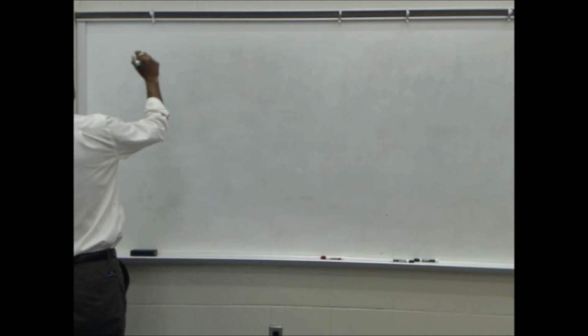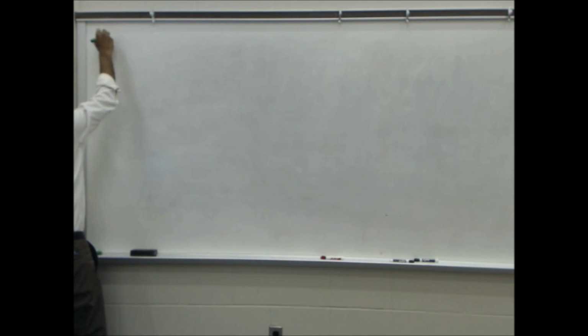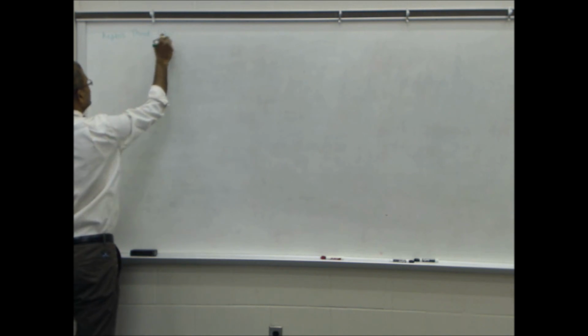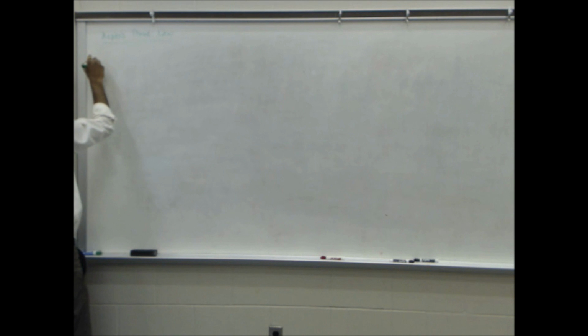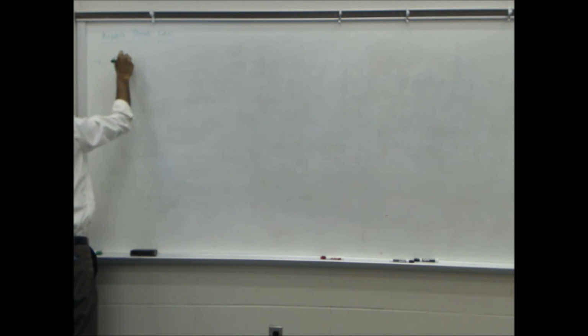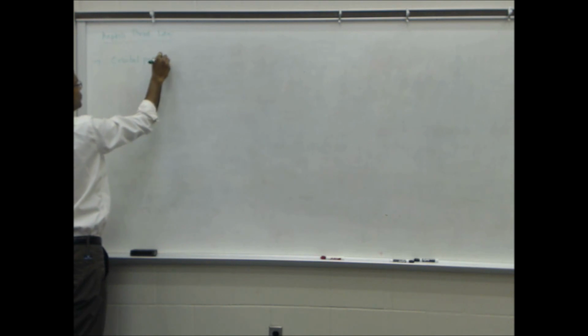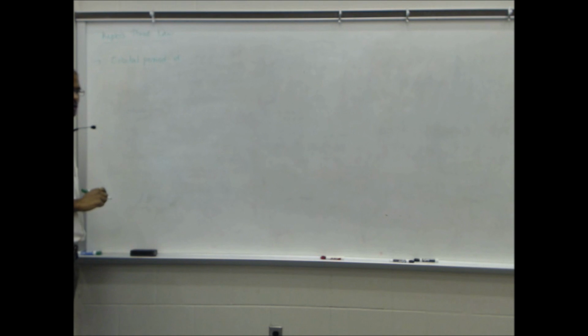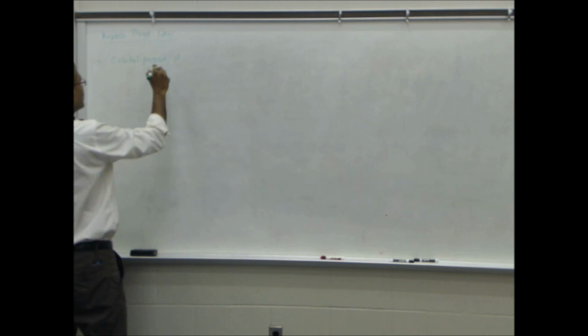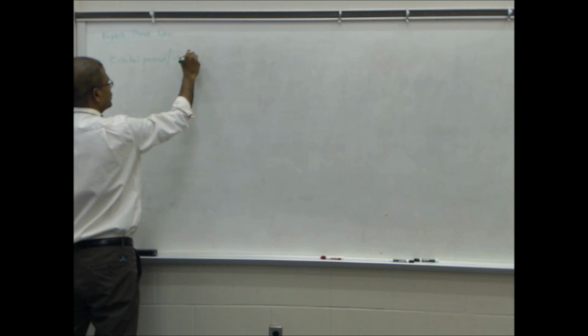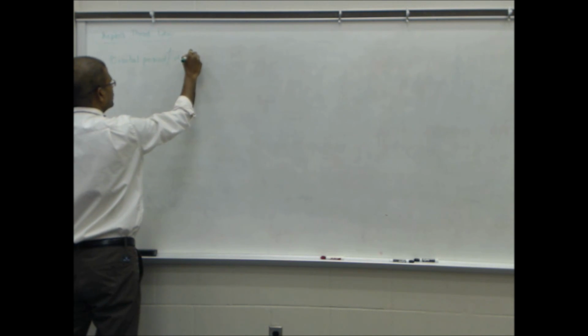The orbital periods, if you look at Kepler's law, the square of the orbital period is proportional to the cube of the distance, right?